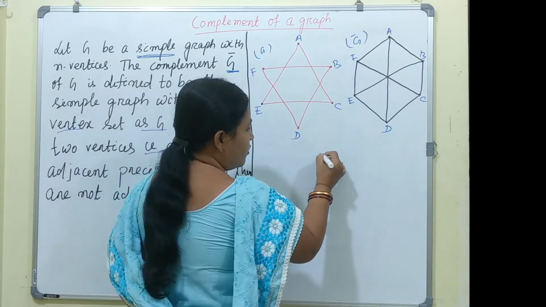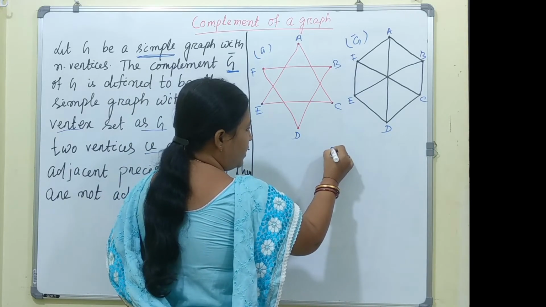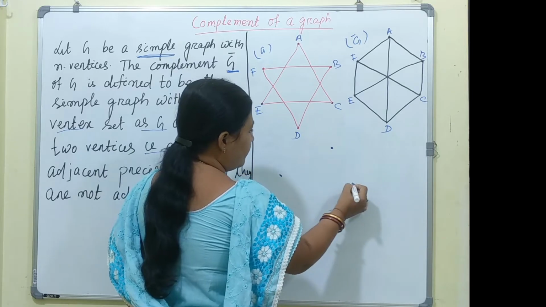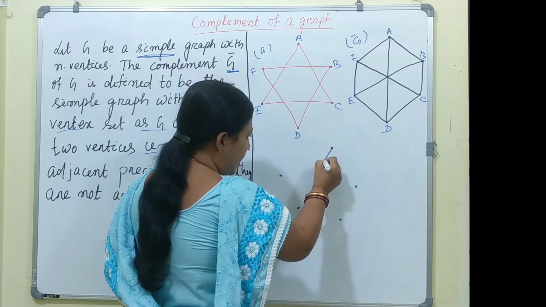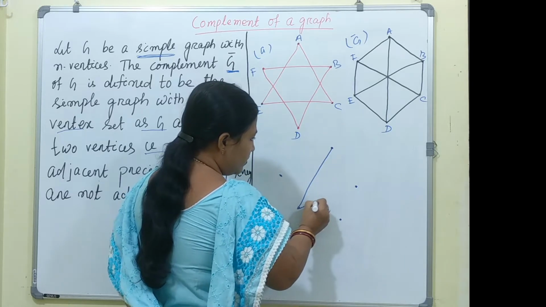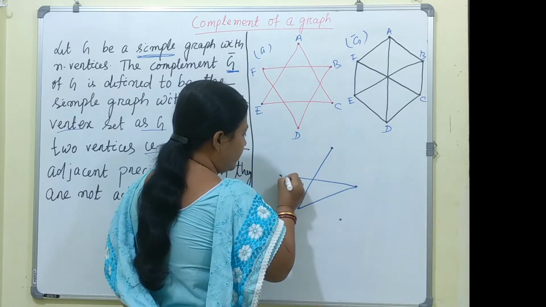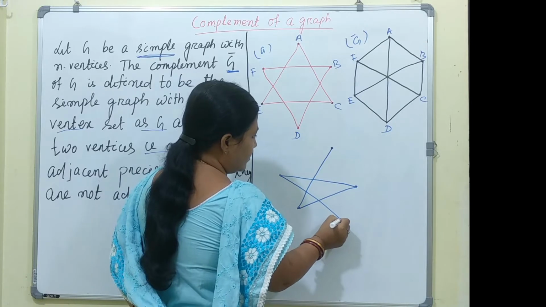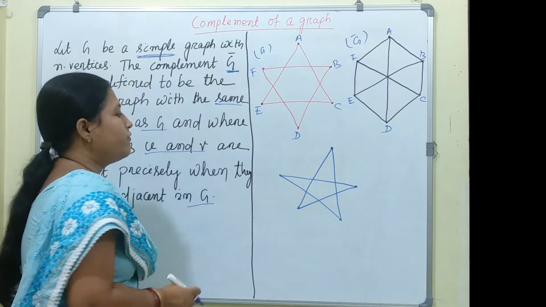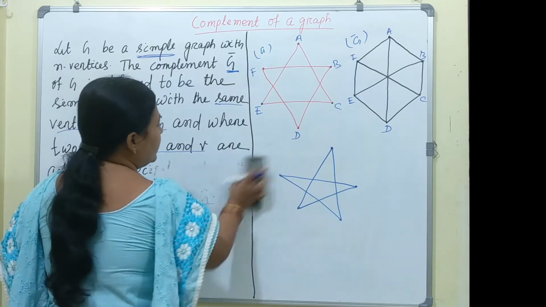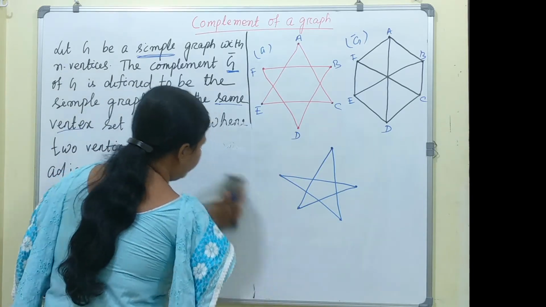Now draw the complement of this graph. There are 5 vertices and this graph is like a star. So find out the complement of this graph.